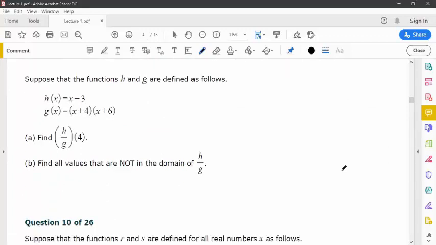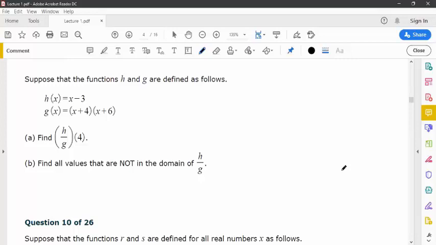Okay, for this next example, we're doing division of functions. So there's a couple of different ways to do this. So in this case, it's given us h of x equals x minus 3 and g of x equals x plus 4 times x plus 6. So one way to do it is to set it up as the h function over the g function to begin with.